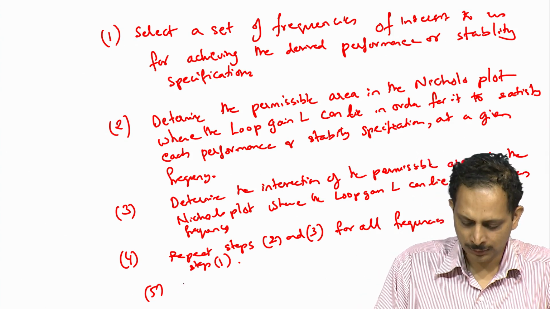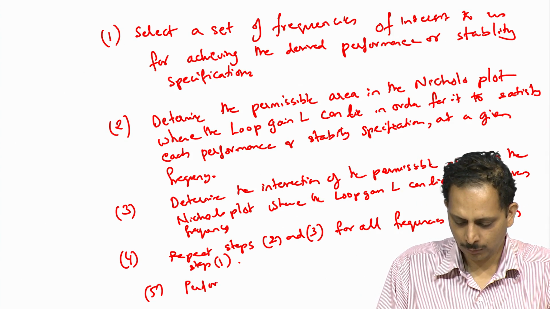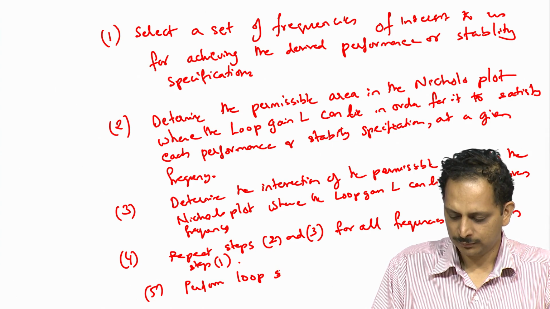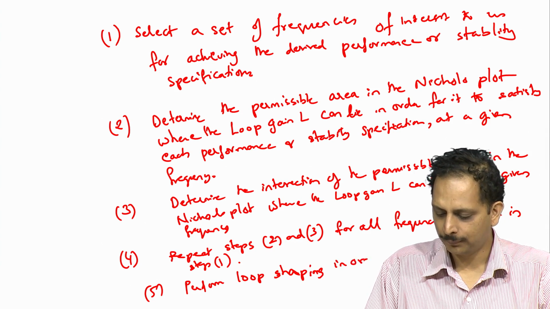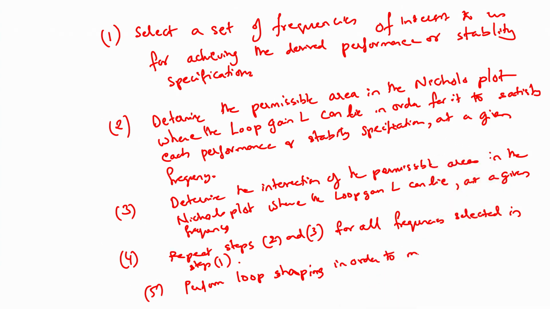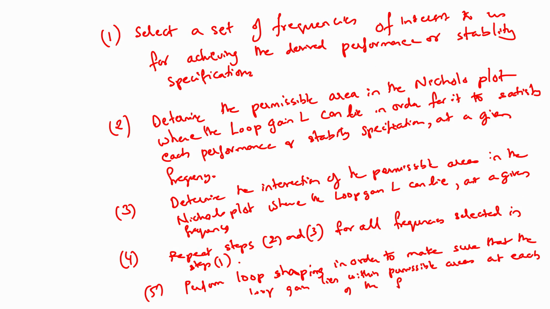So, the last step is to perform loop shaping in order to make sure that the loop gain lies within permissible areas at each of the frequencies of interest.